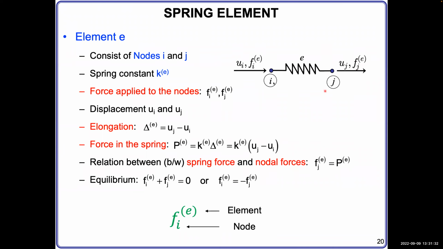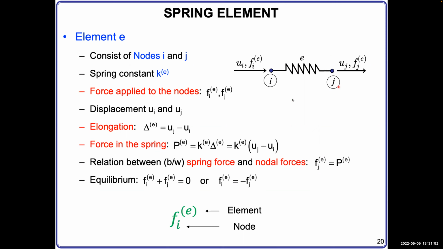When this spring is under tension, under some external force, it will generate internal force, but the whole spring is held in a static way. They are not in an accelerated manner.